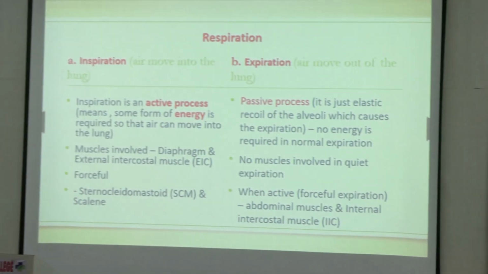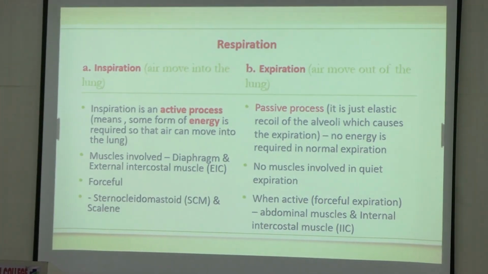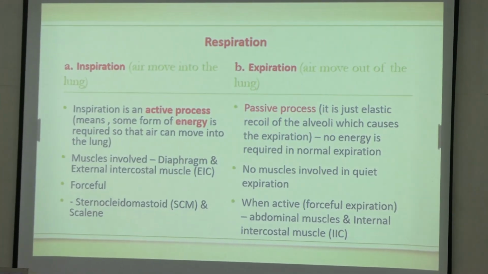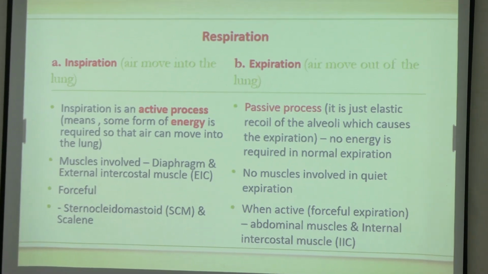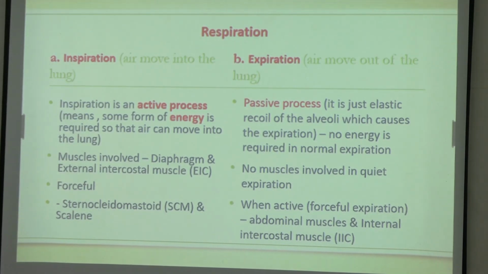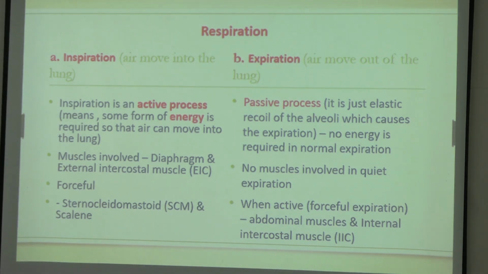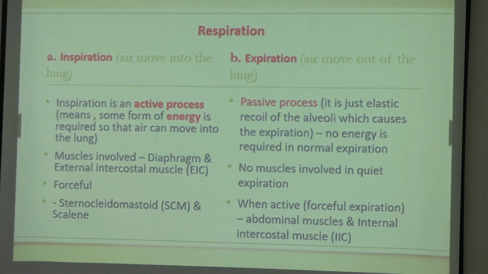If you see the characteristics of inspiration, the most important characteristic is that inspiration is an active process. It means it involves some form of energy, right? Other than energy, in normal inspiratory process, two main muscles are involved.